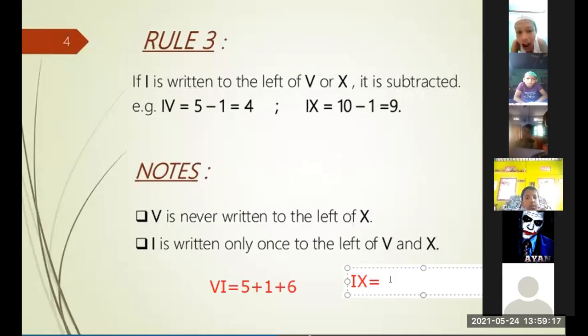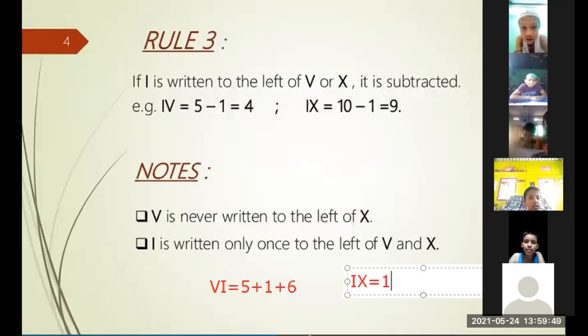Joydul Islam. I means 1. Very good. And X means 10. So in that one, which rule will apply? Rule number 3. Very good. So what will do? Sir, we write 9. How?